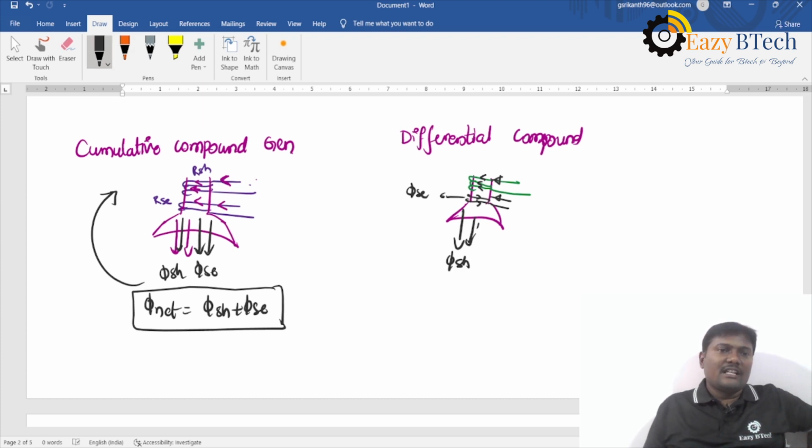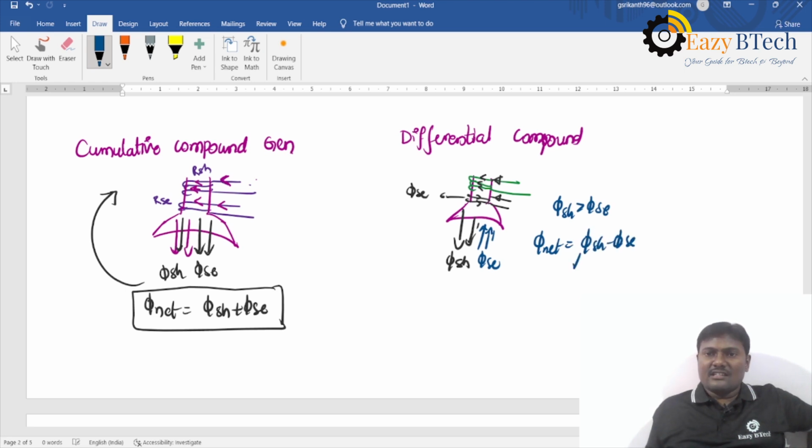If you apply the right hand grip rule, the flux produced by the series field winding is upward. So always the shunt field flux is greater than the series field flux, but the net flux will be phi sh minus phi sc. That's why this type of connection is called the differential compound DC generator.